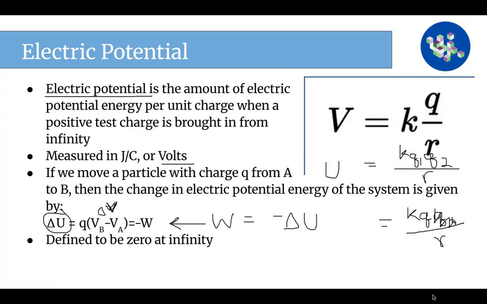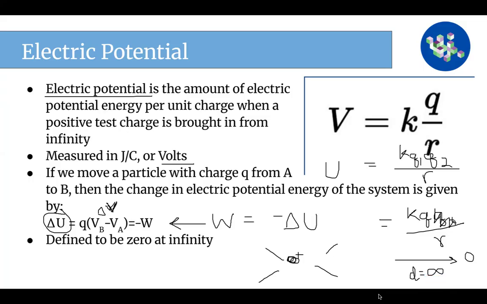In general, for problems, they'll usually define the electric potential to be zero at an infinite distance away from your setup. If you had a positive charge with an electric field emanating from it, we'll designate zero to be at some very far distance away, and when you get closer, your electric potential will increase.